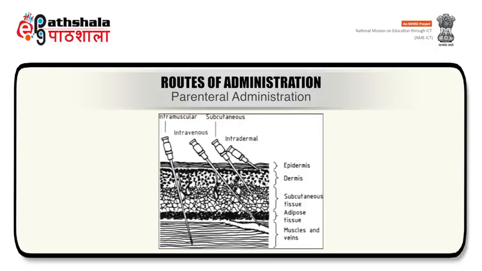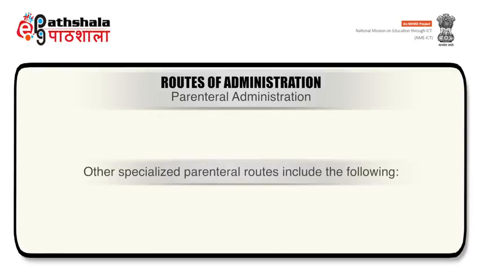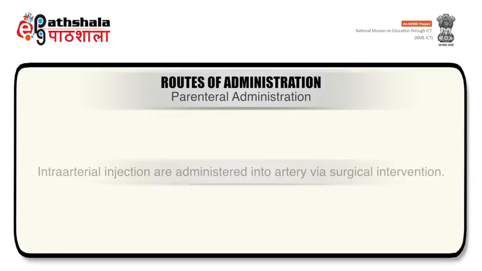Intradermal administration occurs when the drug solution is injected into the dermis and epidermis of the skin. Other specialized parenteral routes include the following: A. Intraarterial injections are administered into artery via surgical intervention.